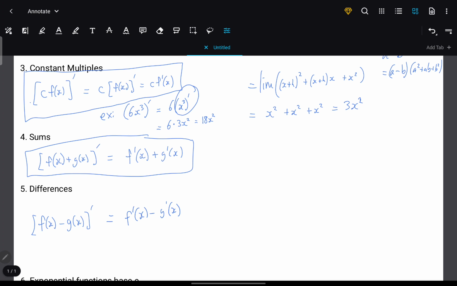Okay, let's do a significant example over here. So if I have, say, x to the 4 minus 2x to the 5 plus 7, and I prime that, then I'm going to get the prime applying to all 3 parts separately.